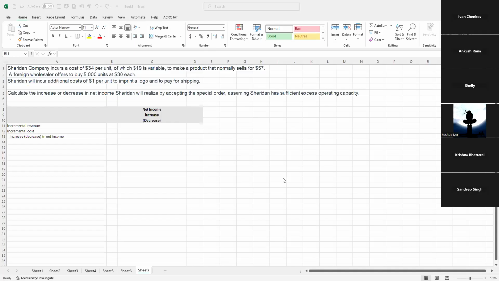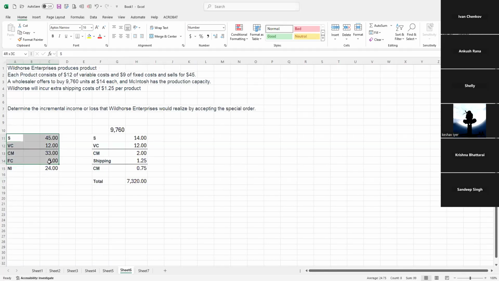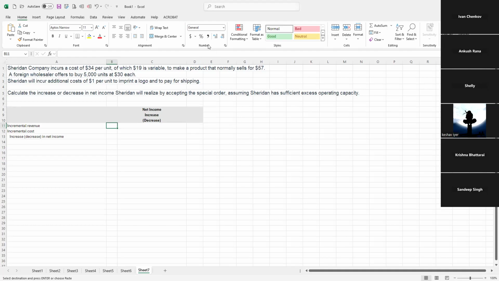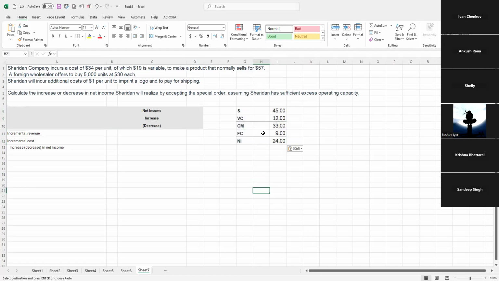So what's happened here with this question? We have this company that happens to have $34 per unit cost, $19 variable to make a product.